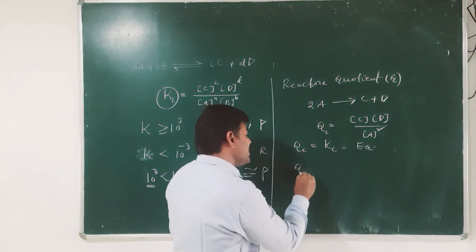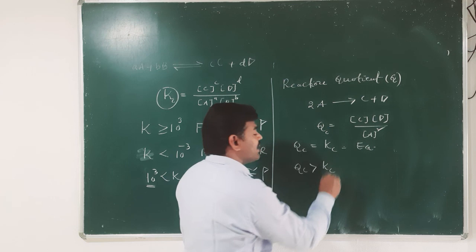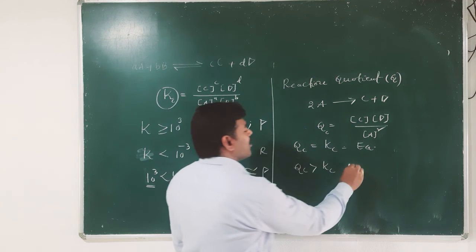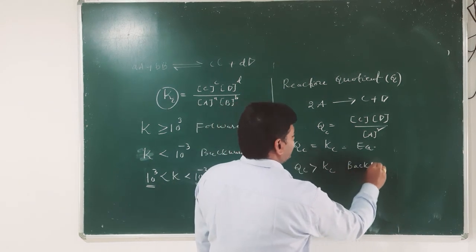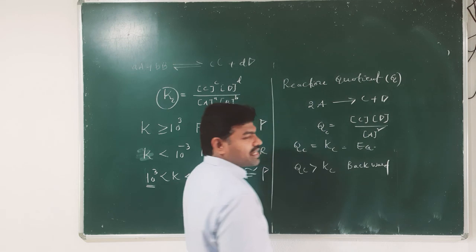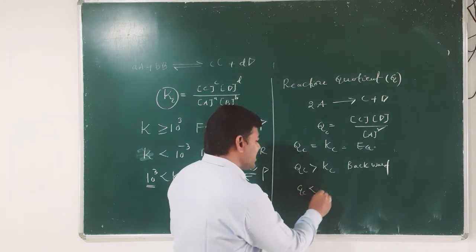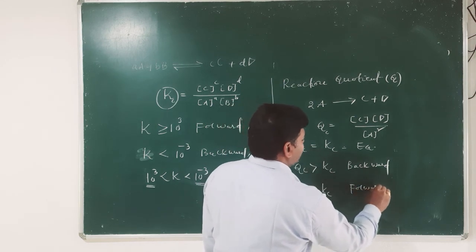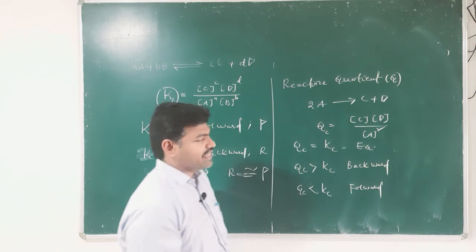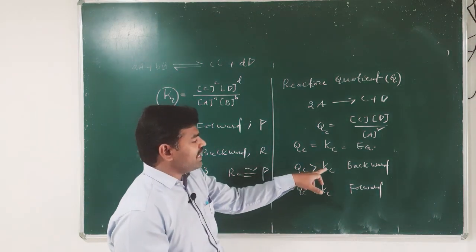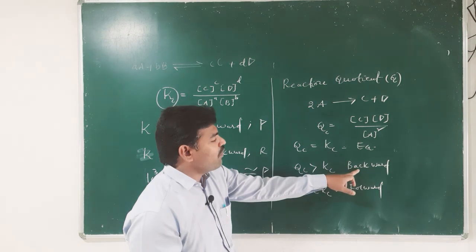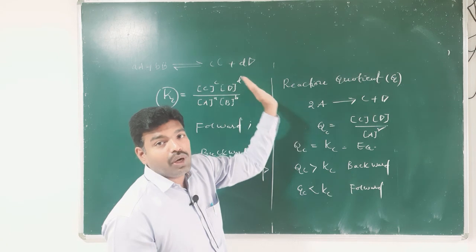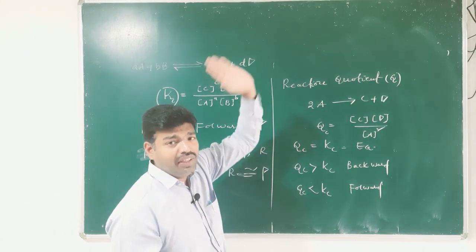If Qc is greater than Kc, that indicates backward reaction, from right to left, reactants are predominant over products.